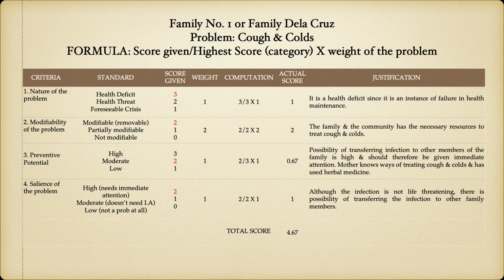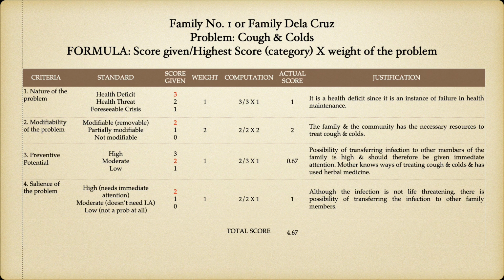Okay? So like the nature of the problem, okay, it's health deficit according to the assessment. So therefore, that was given a score of 3. And the weight for the nature of the problem is 1. So when we compute that, diba, atong formula is score given over highest. So that is 3 over 3 times the weight, which is 1.